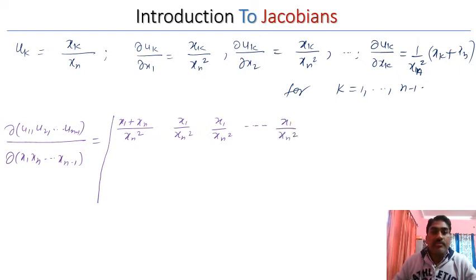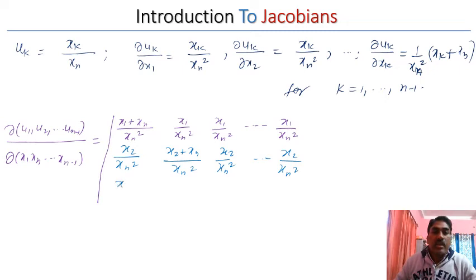Then the second row will be x2 by xn square, (x2 plus xn) by xn square, x2 by xn square, and finally x2 by xn square.